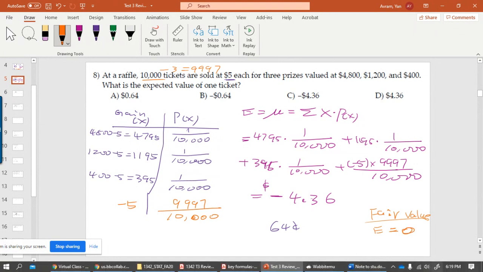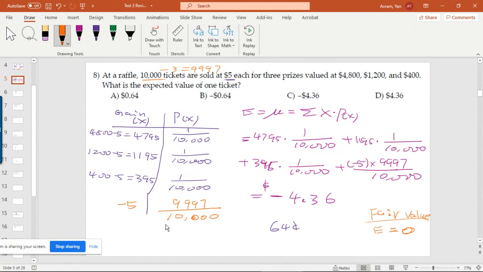That is called fair value or fair play, okay? So in this case, this one is not a fair play, because they're trying to raise money, which is most of the time the reason for ticket issues, trying to raise money.